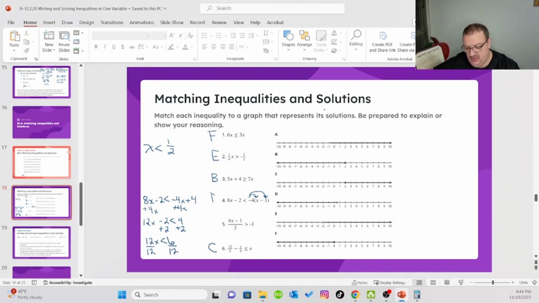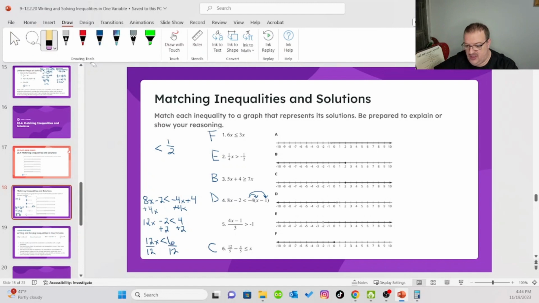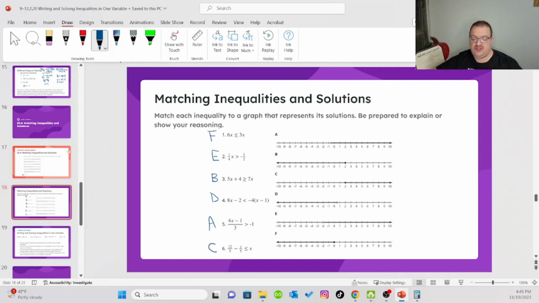So this one must be D. And now there's only one left, and that is A. We see a hollow circle, we see a greater than only, so that does match up. So this is how we would match the inequalities to the graphs that represent them.